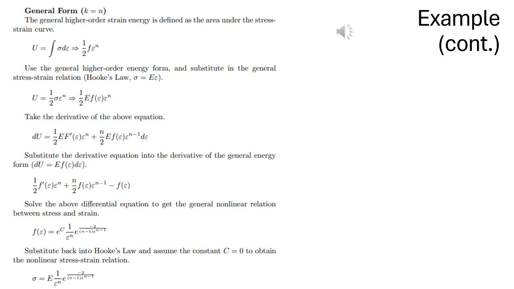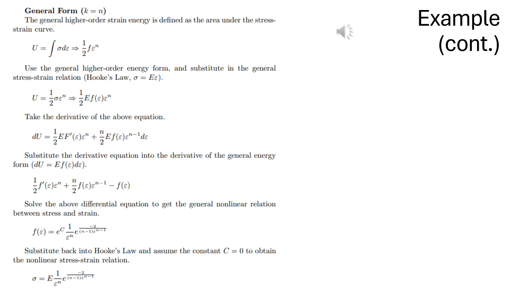When we take the derivative of that function with respect to strain, we end up with du, the partial of u with respect to strain, is equal to 1/2 modulus times the function primed of strain times strain to the n, plus n over 2 times modulus function of strain to the n minus 1.